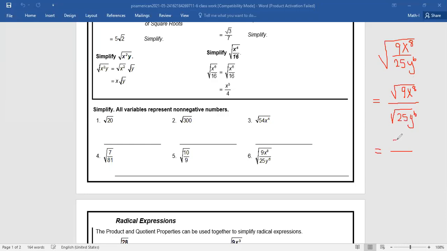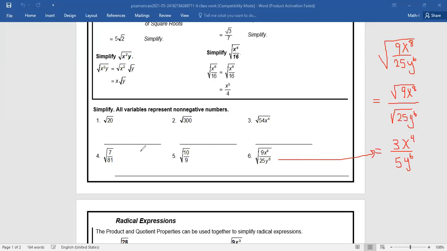Yes. And then x power of 4. Very good. And what about the bottom? Square root of 25, it will be 5, and y power of 3. Very good. That's it. So this is the answer for this question.